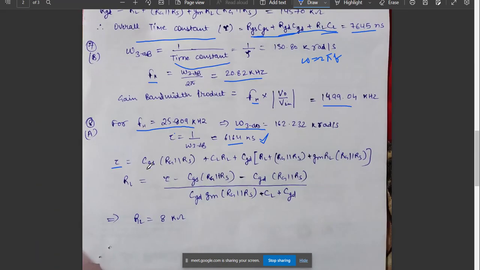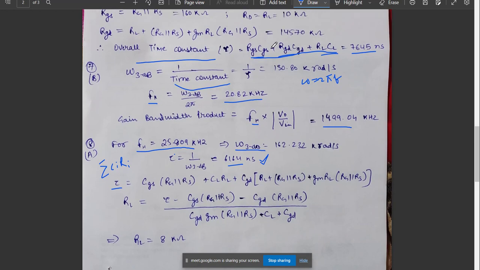Now the time constant's formula is the summation of CiRi, right? So now put all the C and all the values of Ri. That is RGS, CGS, RGD, CGD plus RLCL. Then expand it, which will be something like this.